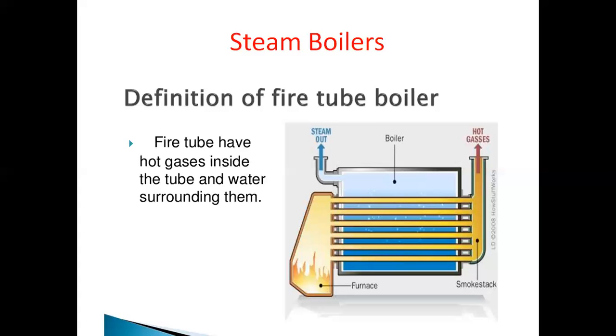Below the boiler drum we have the furnace, which is located below the boiler for the combustion of fuel. Below the furnace we use the grate. Through this grate the required amount of air is supplied for the combustion of fuel.